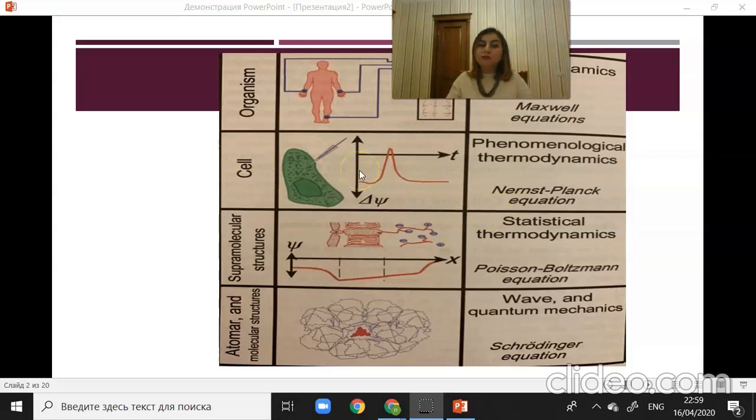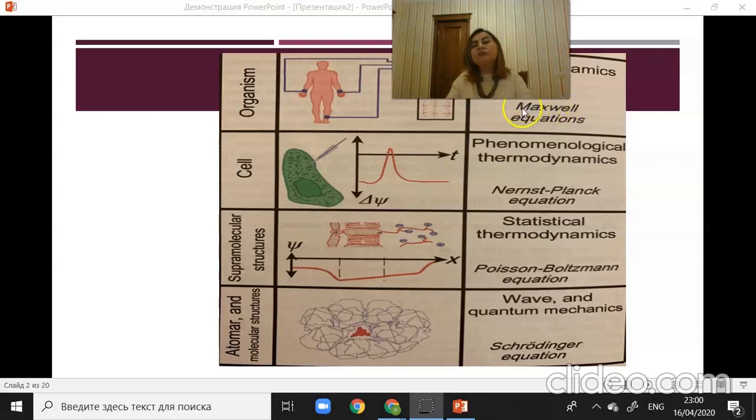It was about the extracellular and intracellular medium, the exterior and interior of the cells, presented as two different phases, and a potential difference may occur between the two phases across the cell membrane, which is governed by phenomenological thermodynamics based on the Nernst-Planck equation. And the last is the total organism, meaning the electric fields and electric currents produced by different organs, which are examined by classical electrodynamics based on the Maxwell equation.